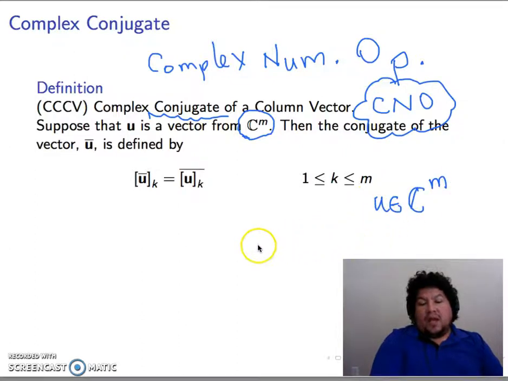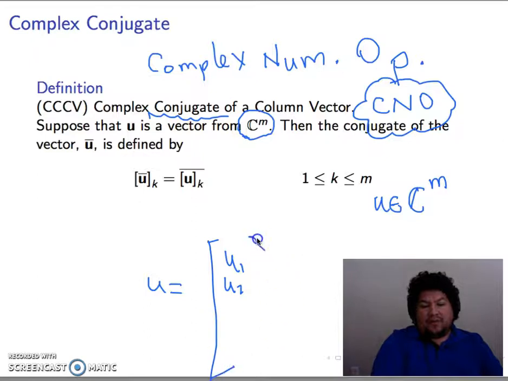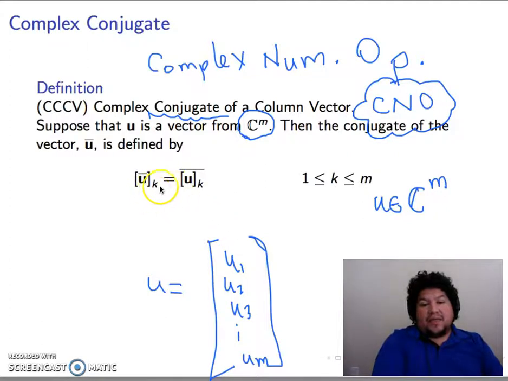So u, being a column vector, has u1, u2, u3, all the way to u sub m. It has m entries. We say that the conjugate of a vector is a vector itself, a member of C^m, such that the kth entry of this new vector is the conjugate of the kth entry of the original vector.